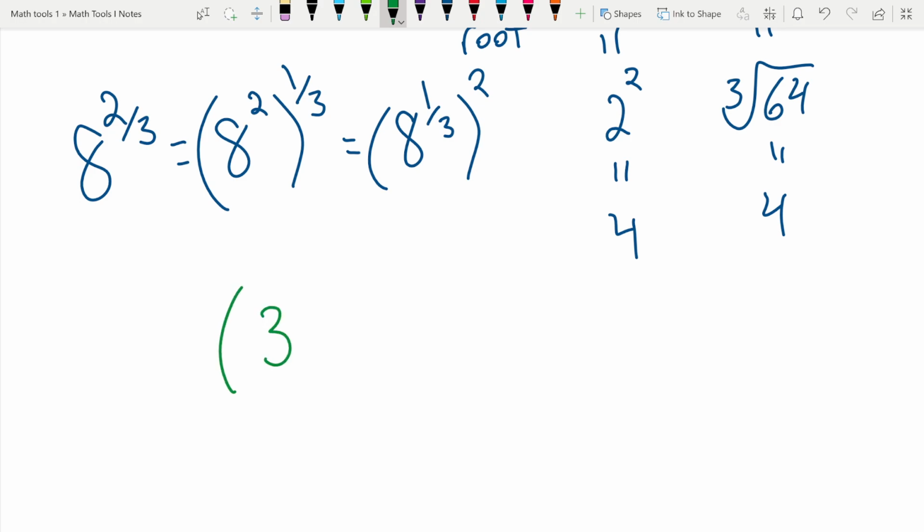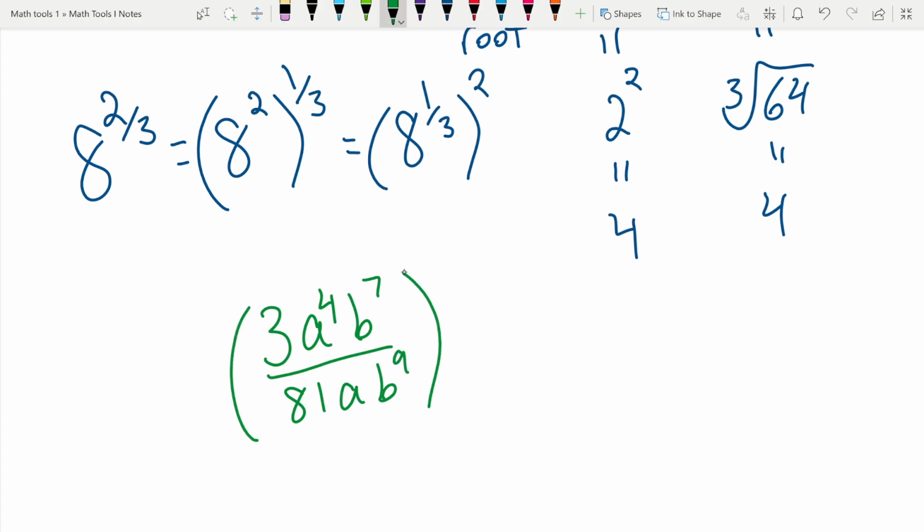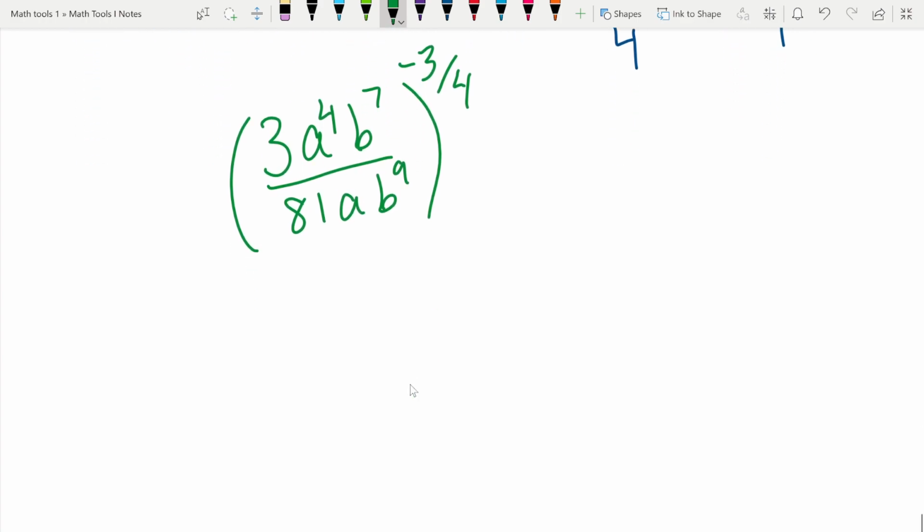Maybe if we have 3 a to the 4th b to the 7th over 81 a b to the 9th, all to the negative 3/4 power. Just throw everything in there. Let's look at how we would do a problem like this. The problem might say something like simplify.